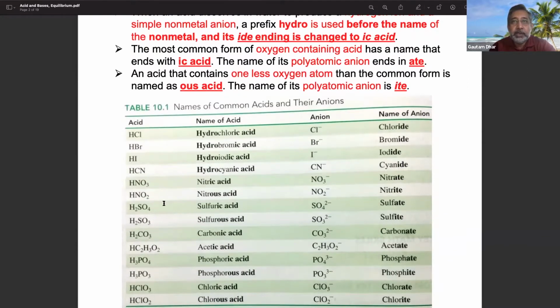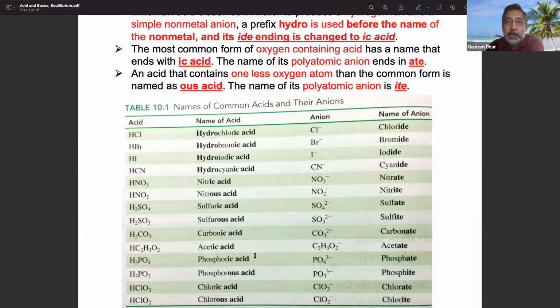If you look at these names here, the polyatomic ions, you can see the oxygens in these acids, like nitrate. So nitrate becomes nitric acid. Nitrite becomes nitrous acid. Sulfate becomes sulfuric acid, and sulfite becomes sulfurous. Ite becomes ous.